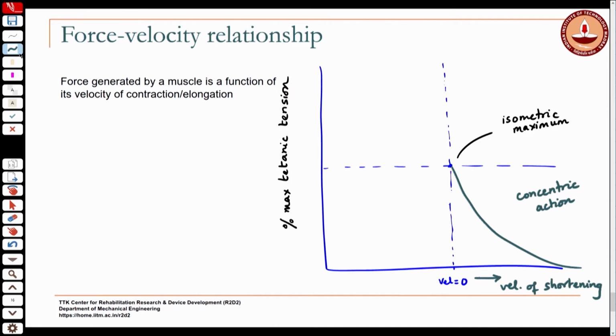Now, for eccentric action, it is sort of the reverse.